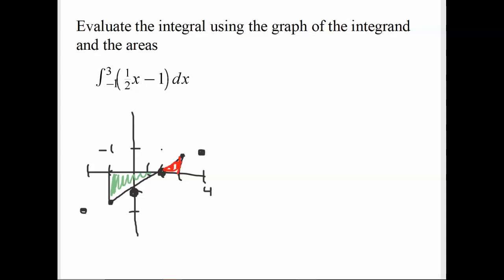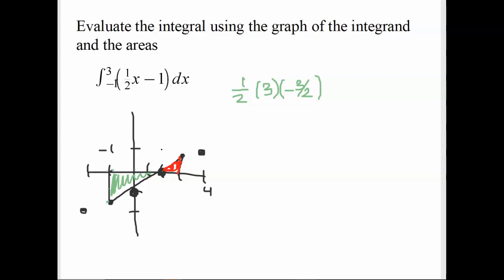So the green triangle would be 1/2. It's going from -1 to like 2, so that makes its height 3. And then the base comes down 1.5 units, so that's like down -3/2.